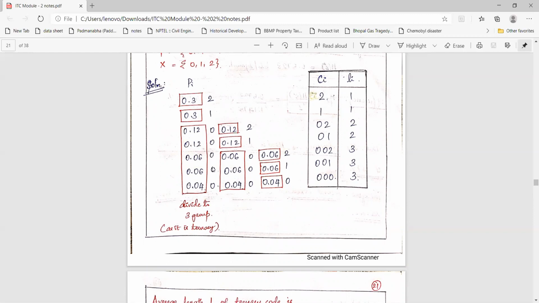So we have zeros here, and here also we have 3 zeros, here we have 1 zero. So for 0.12 we have zeros twice, and for 0.06 we have zeros 4 times, that is over here, and for 0.04 3 times we have 0 over here.